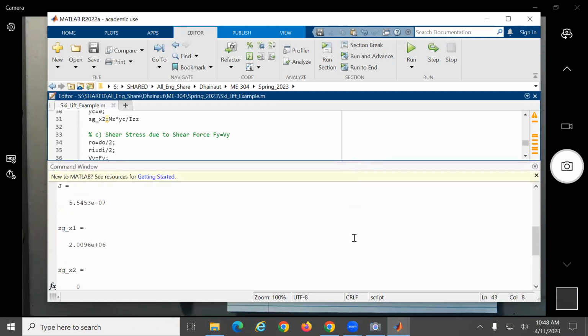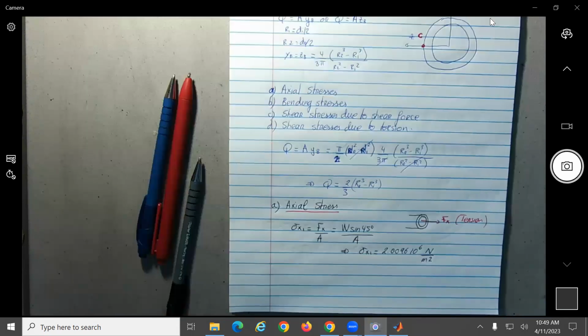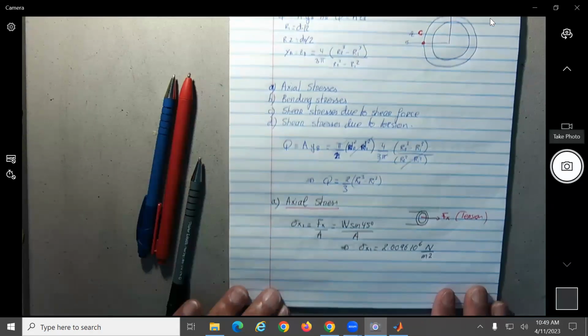It should give you 2.0096 times 10 to the 6 newtons per meter squared. It should just be, at the end, some megapascals. I think here I gave you a hint, which is not too good. All right, any question about this?